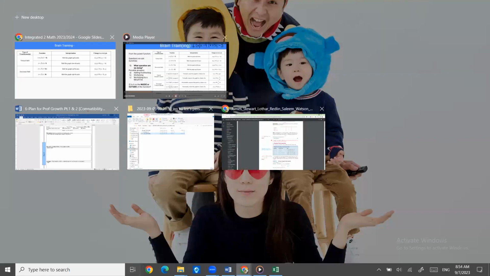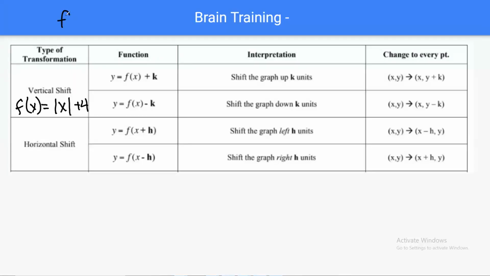Remember, in this exercise, our parent function is the absolute value of x. So with the plus 4, or the plus k, we just treat it how it is. Since this is a vertical shift, that means I'm getting my graph here. I'm going to draw the graph out again.